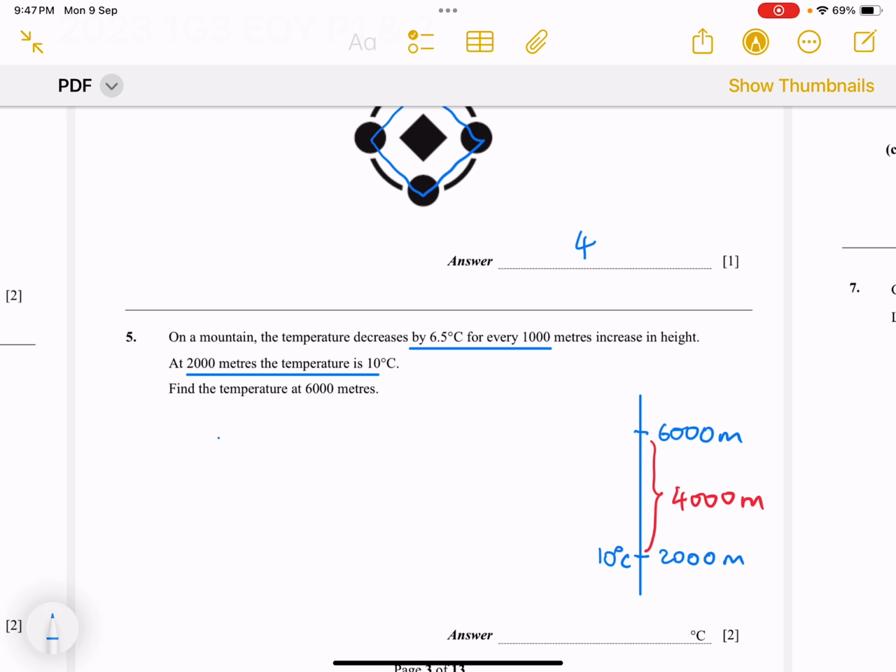Therefore, the temperature at 6,000 meters, starting at 10 degrees, drops by 4 times 6.5, and that gives us negative 16 degrees. It's a simple sum.